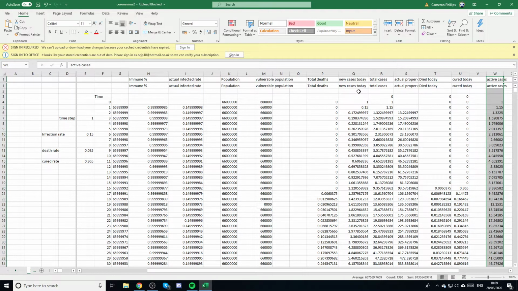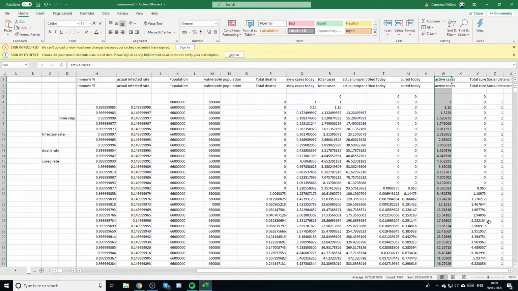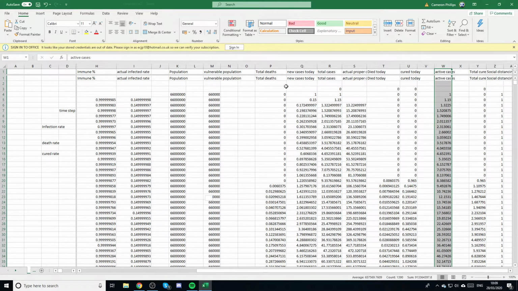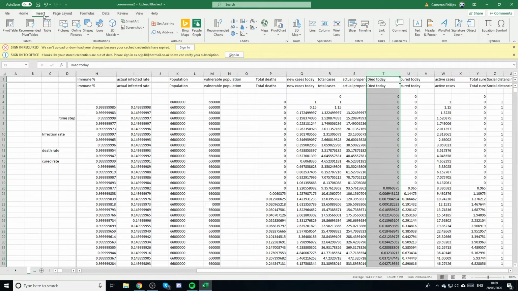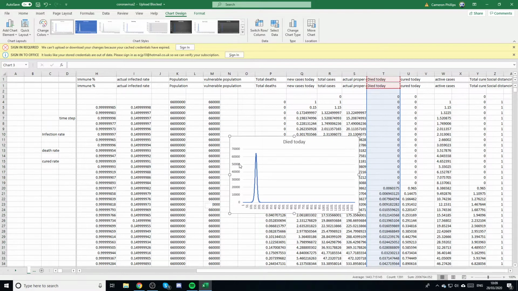Total deaths today. Probably the most important one, because it shows the pressure on the NHS, or the health service, on any one day. It shows a peak of 6,000 dying in one day in 100 days time because we're on day 50.